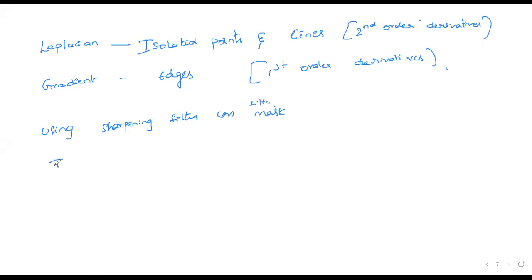Okay. First, isolated point. For isolated point, the mask is this one: 1 1 1 1 1 1 1 1, minus 8 in the center. This is the isolated point mask.